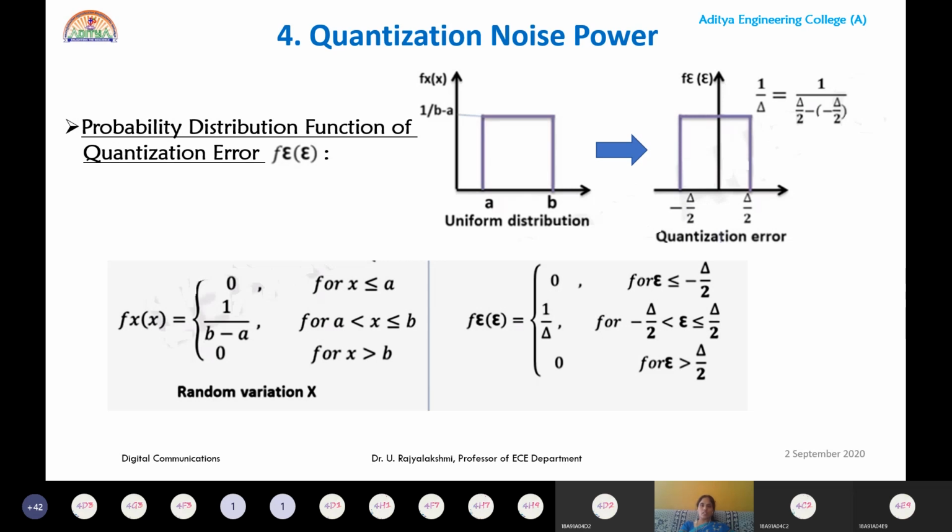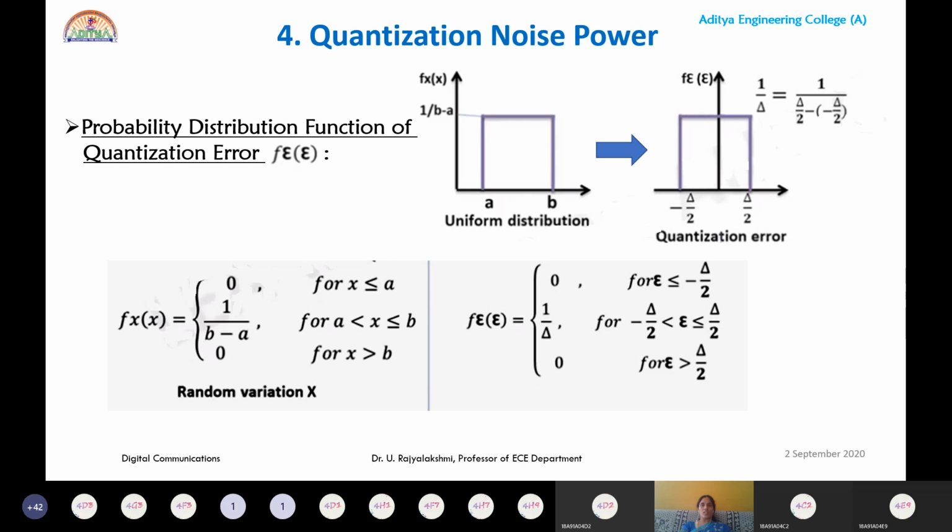Beyond that range, that is for error less than minus delta by 2 and greater than delta by 2, its magnitude is 0. The function only exists between minus delta by 2 and plus delta by 2.